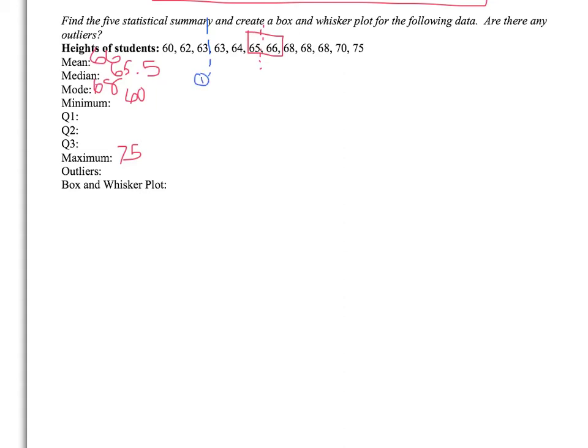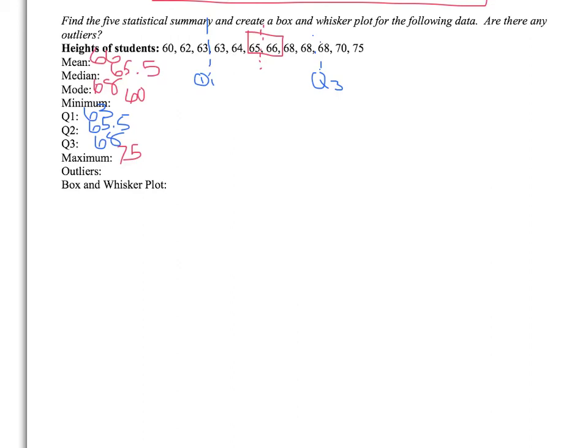That's called your first quartile, so it's 63. Your second quartile is the same as your median, so it's 65.5. Your third quartile splits the second half of the data in half, which is right here. And that is 68.